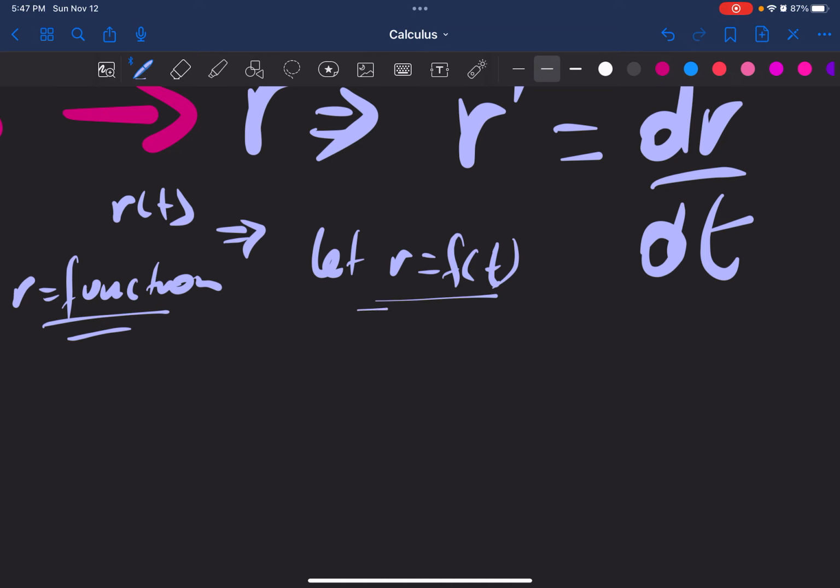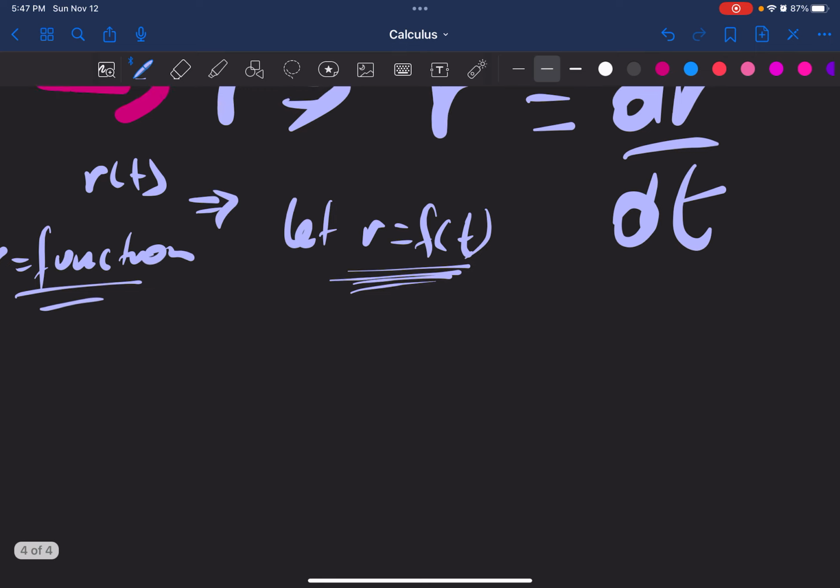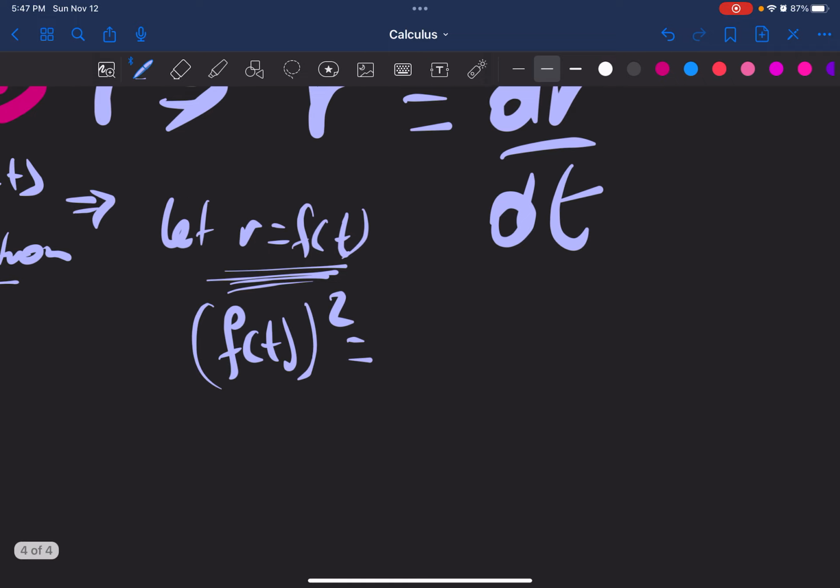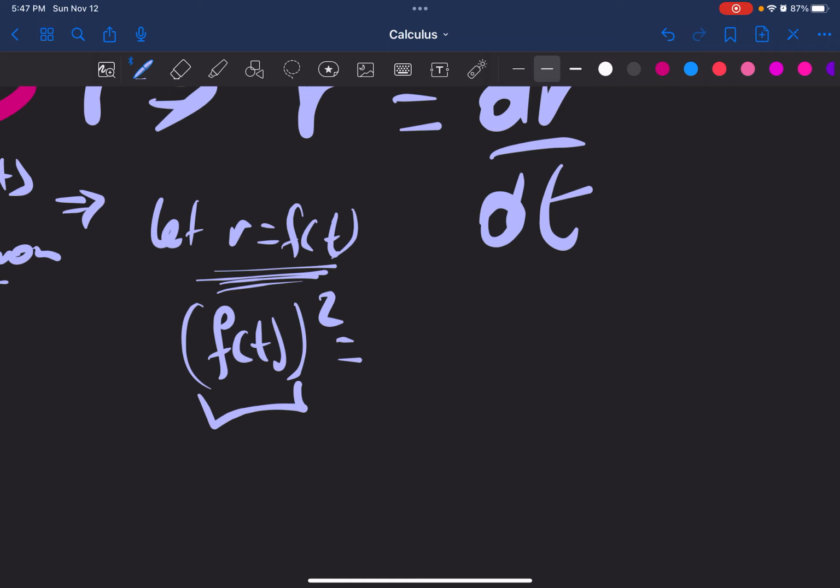With this, I'm considering r as a function. So if I have to find the derivative of f of t squared, what would happen? I would use the chain rule, because I'll use the 2 down here. So 2 times f of t multiplied by the derivative of what is inside. Why did I do that?